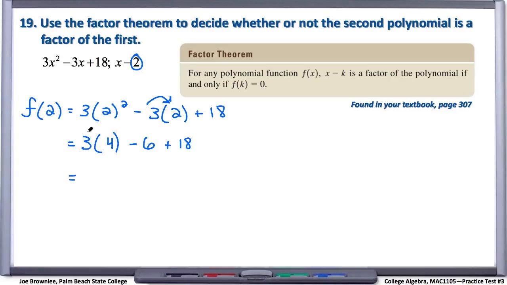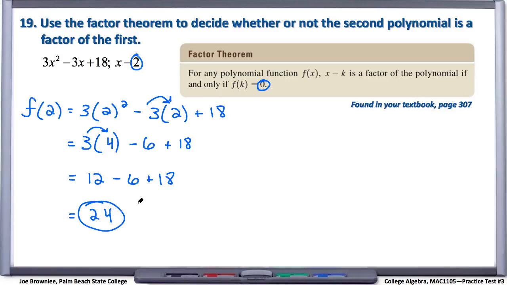And here we'll distribute, so 3 times 4 is 12, minus 6, plus 18. 12 minus 6 is positive 6, and positive 6 plus 18 is 24. So when we plug our k value into the polynomial function f of x, we get something besides 0 out. We were looking for 0, but what we get out is 24.